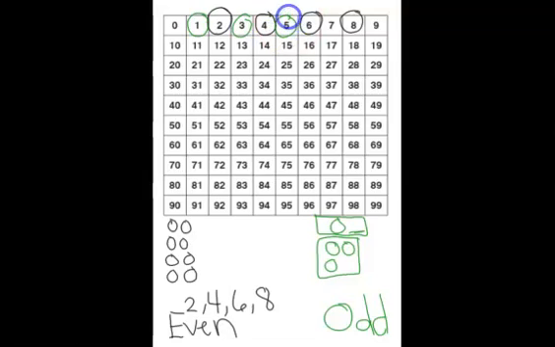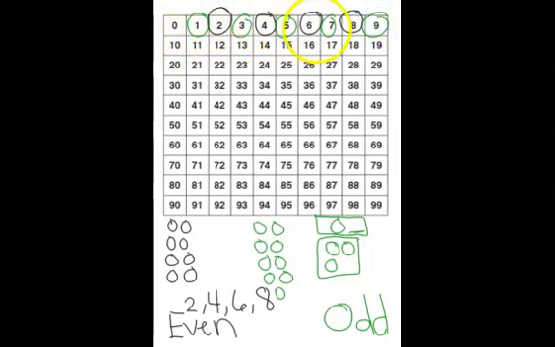And what about 5? 5 would be an odd. 1, 2, 3, 4. Oh, 4's even, but 5, oh, 5 does not have a partner. Okay, so let's look at 7. So here's 5, 6, 7. Oh, 7 does not have a partner. And 8 and 9. Oh, 9 doesn't have a partner.